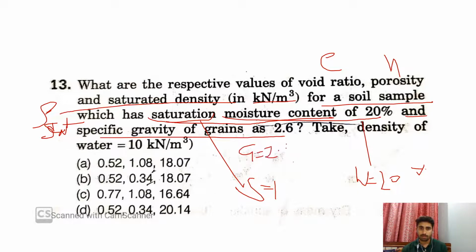G is equal to 2.6. Take density of water as 10 kilonewton per meter cube. This is the density of water.